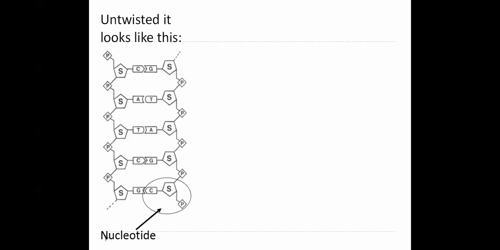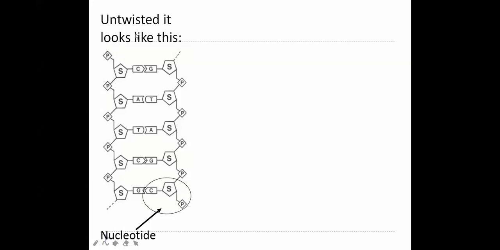DNA, when untwisted, occurs in pairs. It has 2 strands. You have the lagging strand and the leading strand. The structure or how these strands come about, we'll look at later in another topic when we look at replication and translation. For now, we're supposed to know the structure of DNA. It has 2 strands, the leading and the lagging strand. On our far left, we have this strand here.